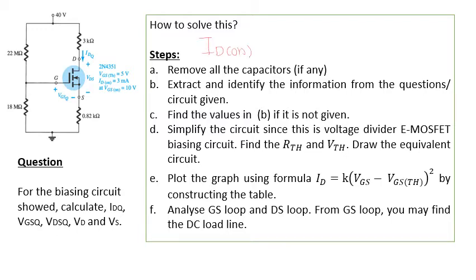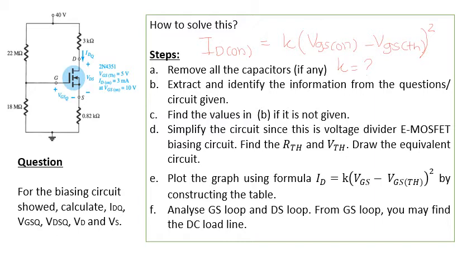ID on equals K times VGS on minus VGS TH, the threshold value of the GS voltage, squared. Then you rearrange this formula and you can get the value of the K. It is very straightforward, only by using one equation.